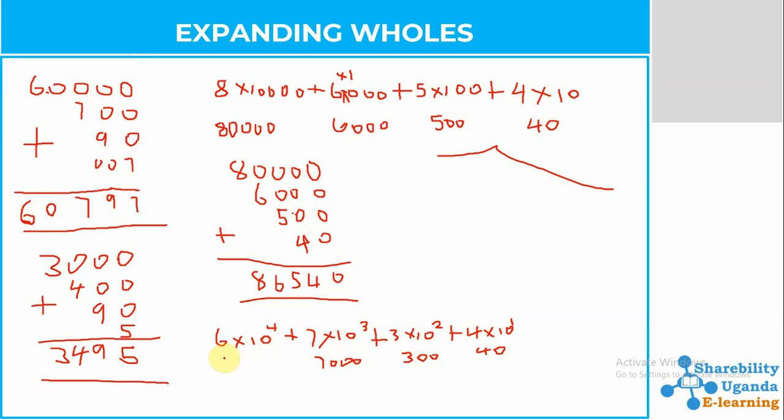Okay, this is going to be our 60,000, because 10 times 10 to power 4 is going to be that.